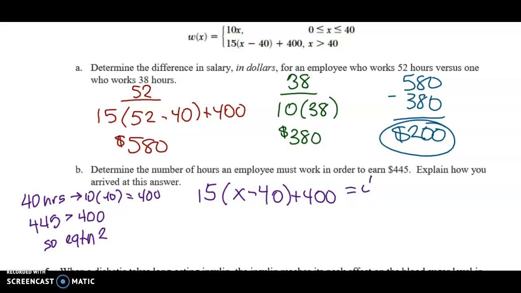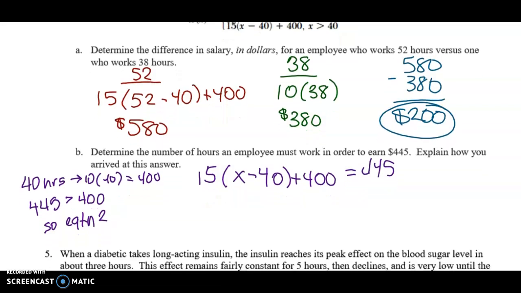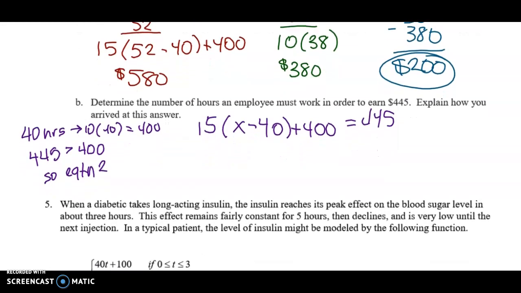Set that equal to 445. So you can see that it says to explain how you arrived at your answer. This explanation over here of how I chose which one pretty much does my explanation. So it's your choice how you choose to do it.